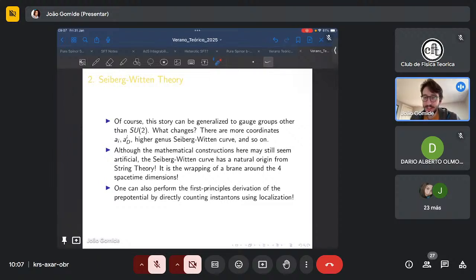And of course, I talked here about this super elegant thing of using this mathematical structure to compute the prepotential, but actually we can do a proper physicist's computation and just count the instantons directly, or the instanton corrections that I talked about in the beginning.